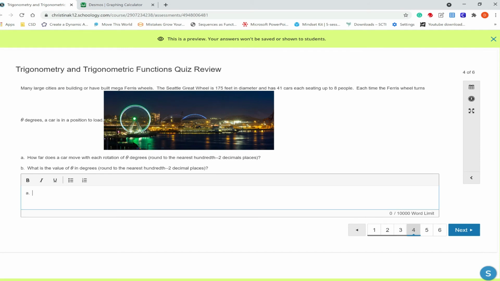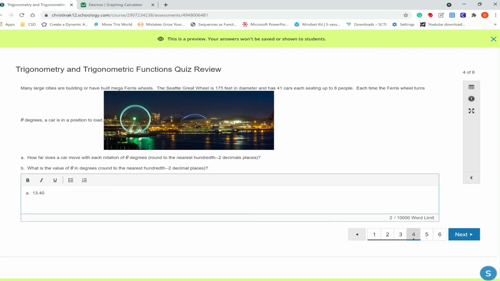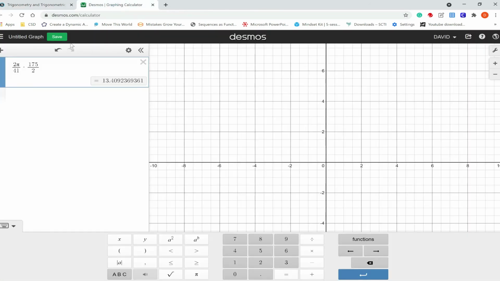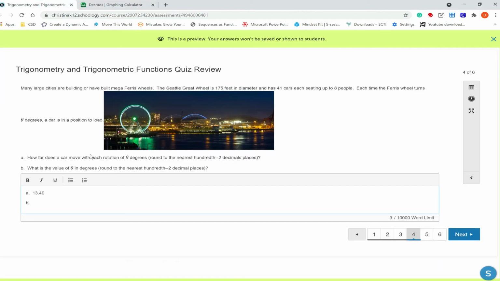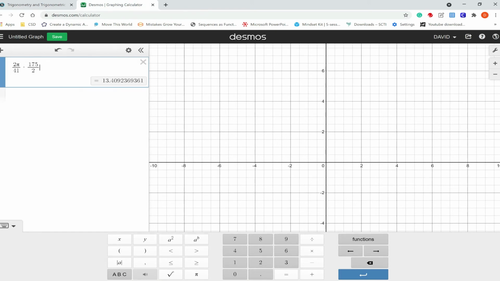For A, 13.40. And if we're trying to find the value of theta in degrees, and again, if we wanted to, we could just share the whole thing to show our work. What is the value of theta in degrees? So we want to convert 2 pi over 41 to degrees.